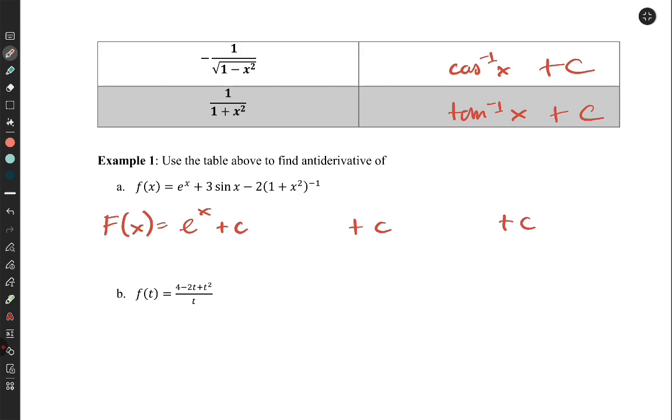Sine of x. Negative, say, all right. Everybody can see this is 3 cosine x. Not enough. Minus 3 cosine x.